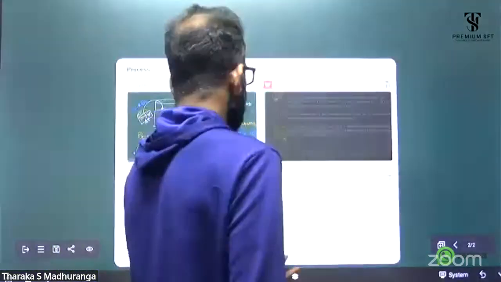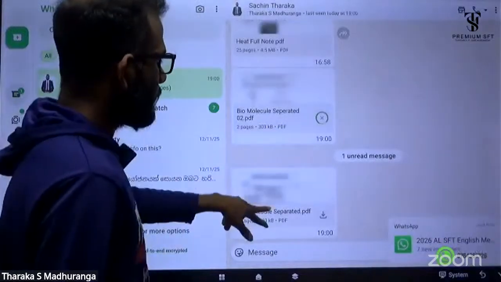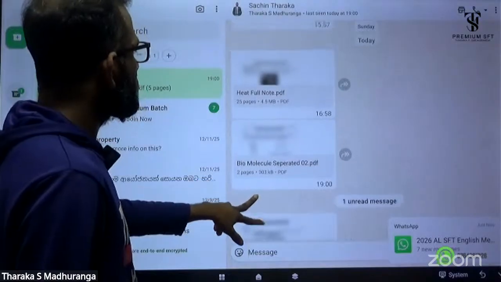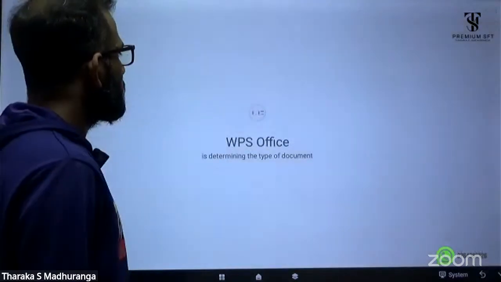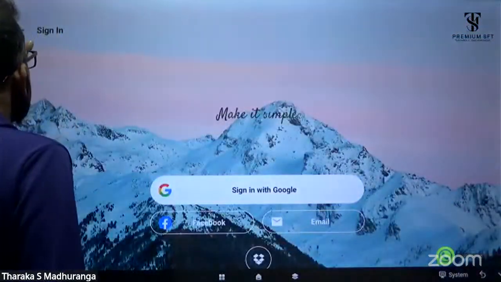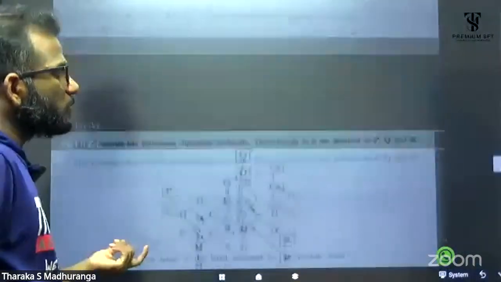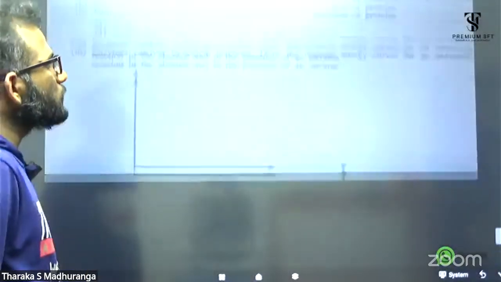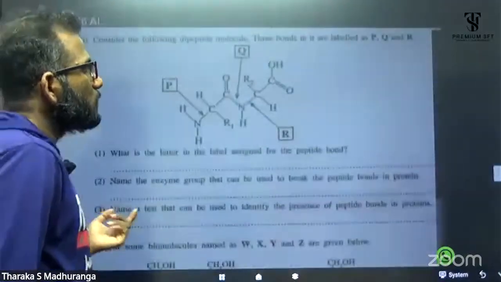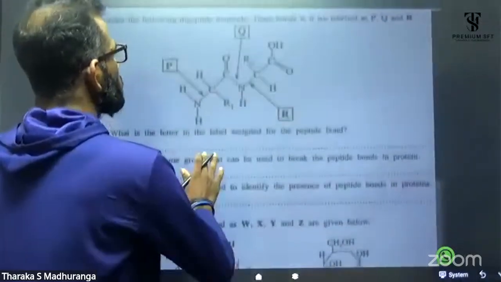Okay, let's go to the paper. MCQ completed and the 2015 structured essay question discussed, right? Let's move on to the 2016 A-level biomolecule question.